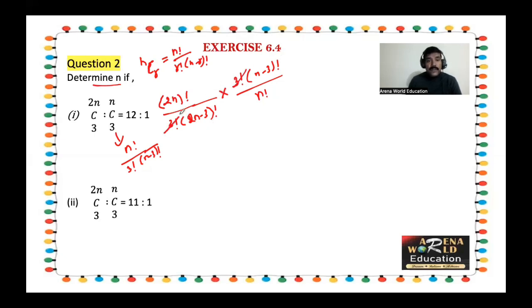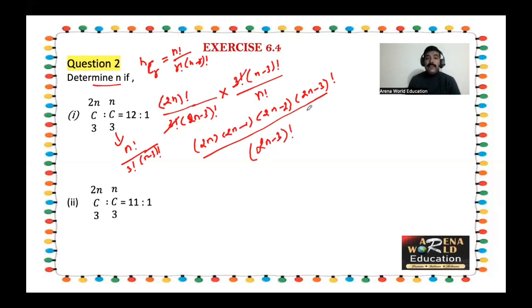And now what we can do? 2n factorial can be written as 2n into 2n minus 1 into 2n minus 2 into 2n minus 3 factorial, right? Because in the denominator we are having 2n minus 3 factorial.